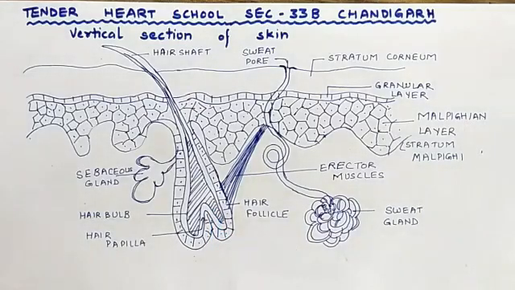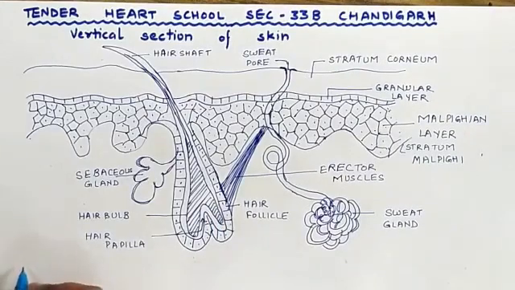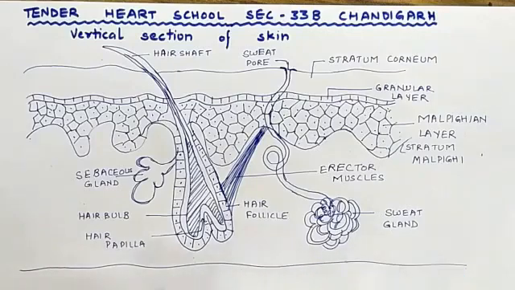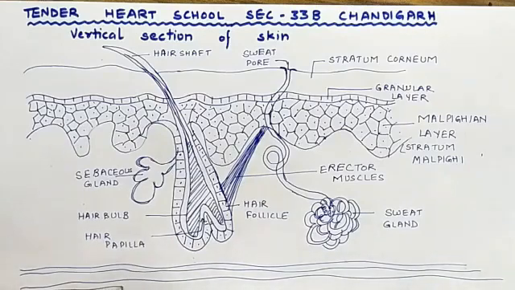Now let us draw the blood vessels and nerves which may be present in the dermis of the skin. So we have various arteries and veins. Arteries are the blood vessels which are carrying the oxygenated blood, and veins are the blood vessels which are carrying the deoxygenated blood. All these blood vessels are obviously present in your skin. They are providing nourishment to your skin.